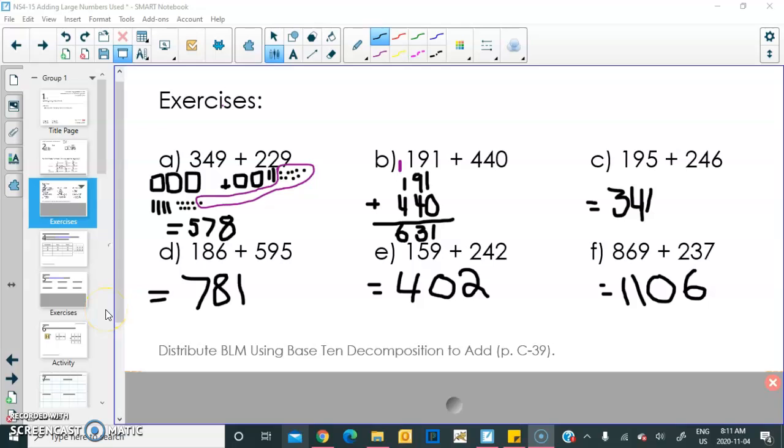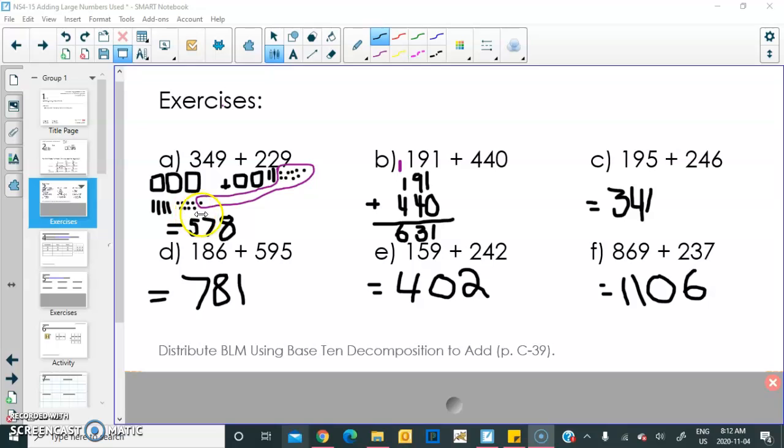Okay, welcome back, grade fours. So I drew out the first one for you. So I have 3 100s, 4 10s, and 9 1s for 349. And I'm adding that to 2 100s, 2 10s, and 9 1s for 229, okay? Now, we know that 9 plus 9, we're going to have to regroup that. So I made a group of 10, and I had 8 left over, okay?